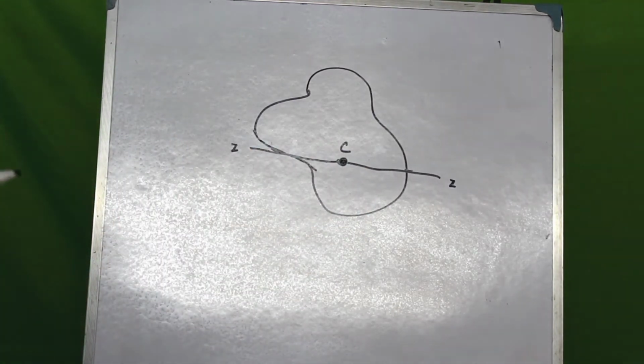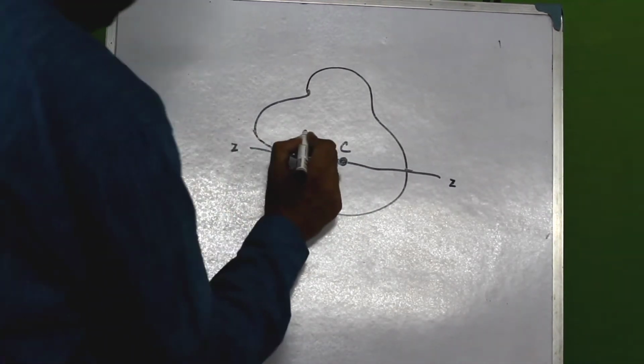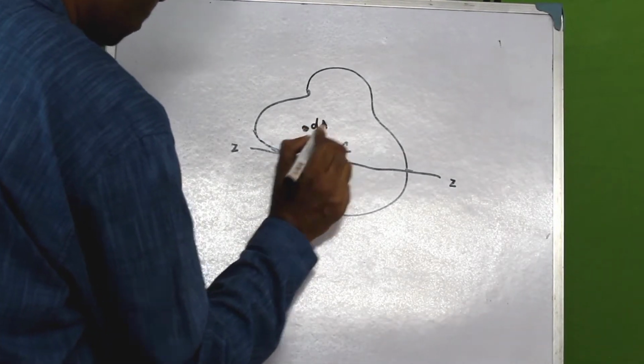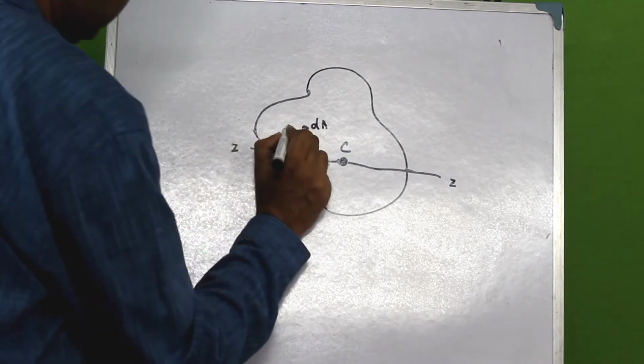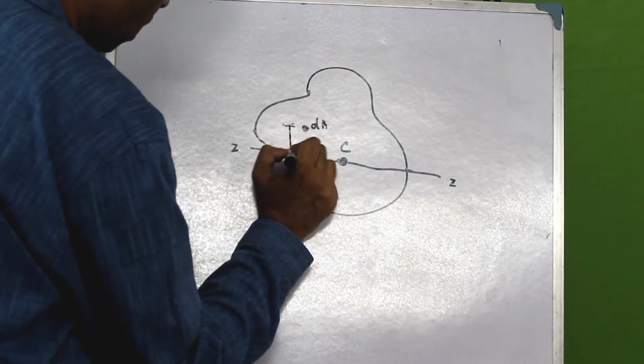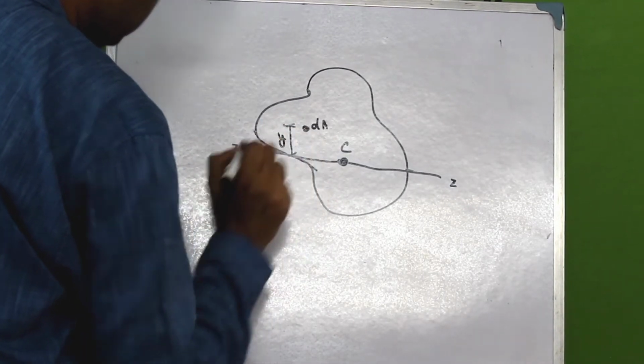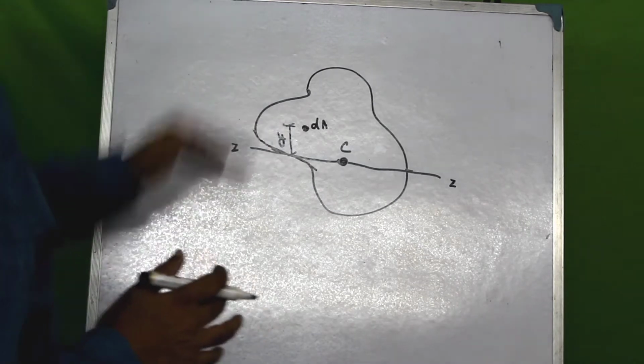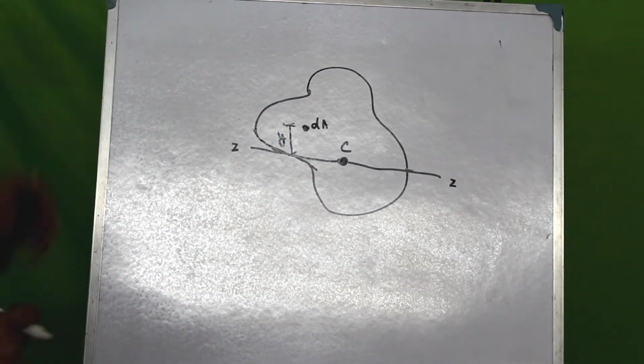Now, let us consider an elemental area dA, which is located at a distance of y from this axis, right? The vertical distance is y from this axis.